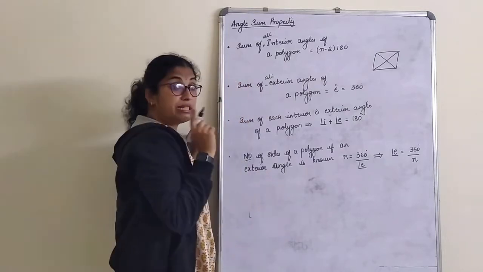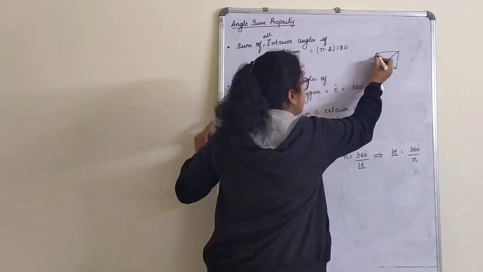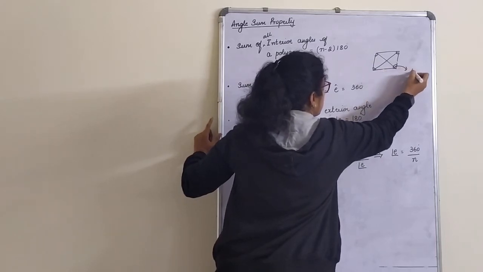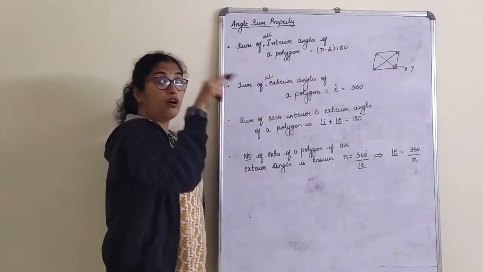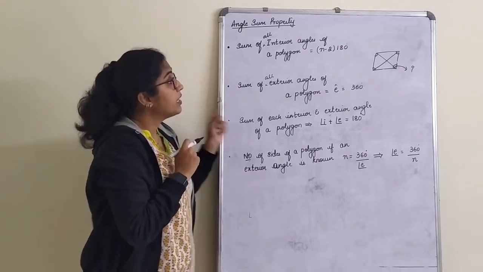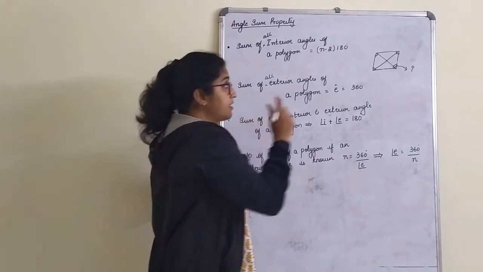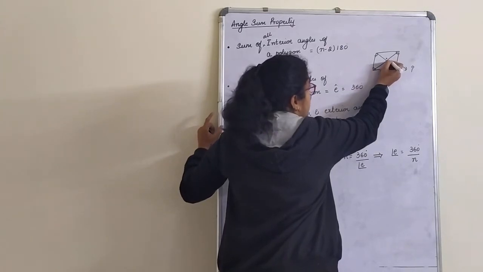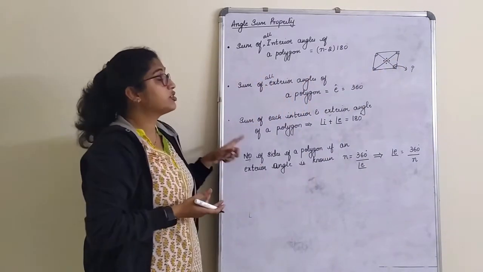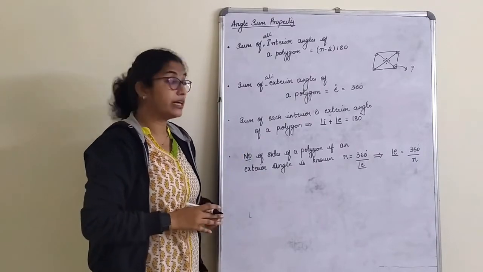Now when I talk about interior angles, these are interior angles. The sum of all interior angles is 360 here, we know. When it comes to exterior angles, it is the sum of this plus this plus this plus this. Here also it is 360.